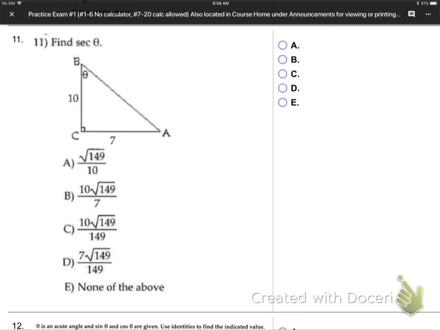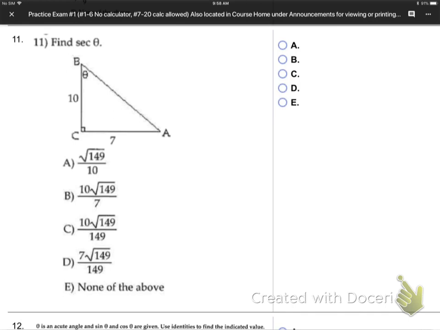See what you can do to find the secant of theta there. Okay, so let's give it a try.